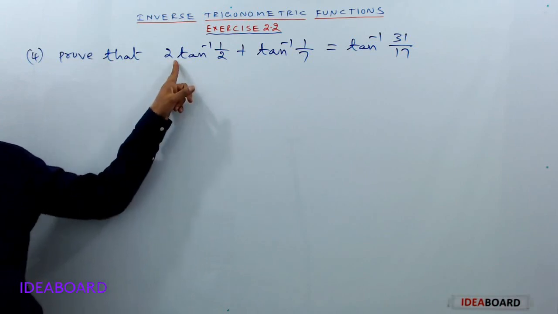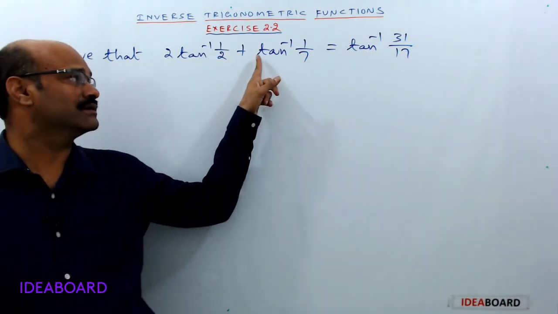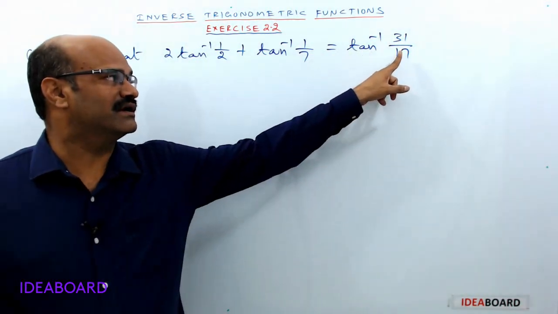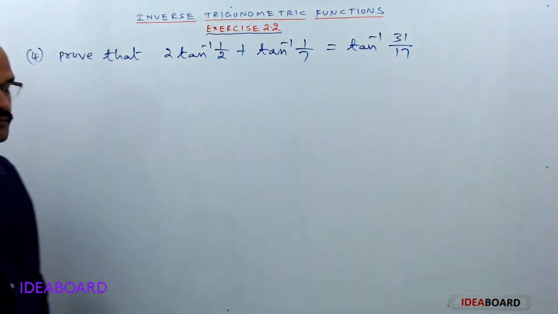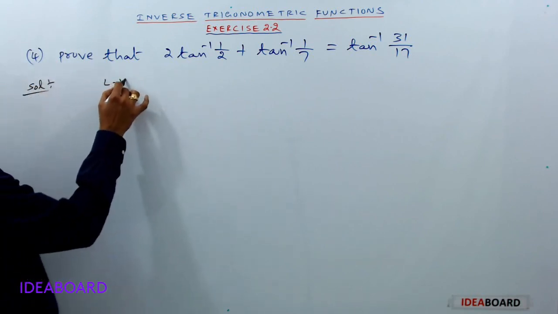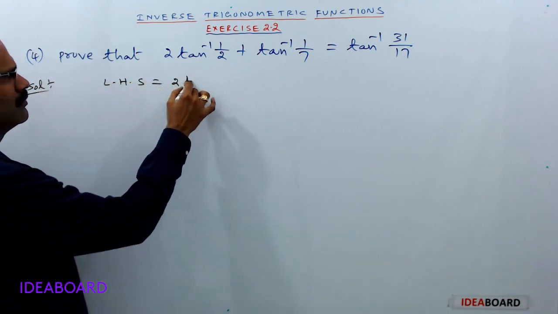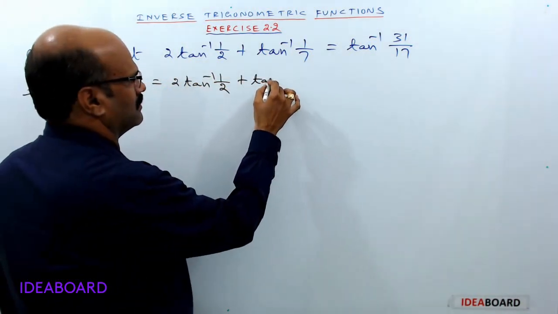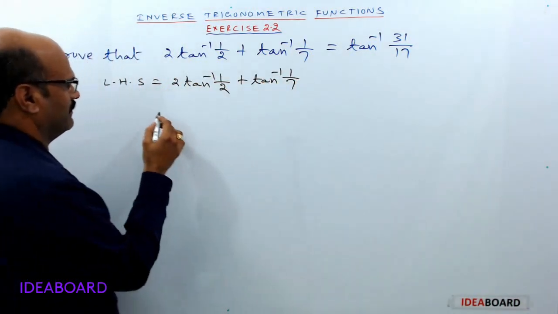Prove that 2 tan inverse of 1 by 2 plus tan inverse of 1 by 7 equal to tan inverse of 31 by 17. Solution: LHS equal to 2 tan inverse of 1 by 2 plus tan inverse of 1 by 7.